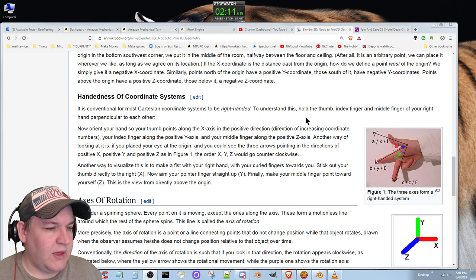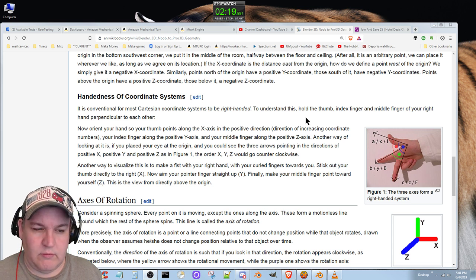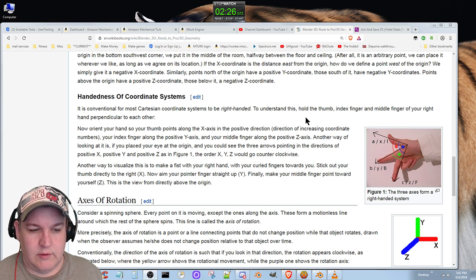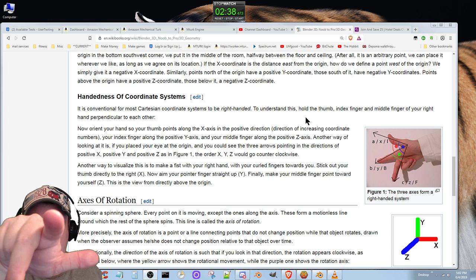To understand this, hold the thumb, index finger and middle finger of your right hand perpendicular to each other. Like that.